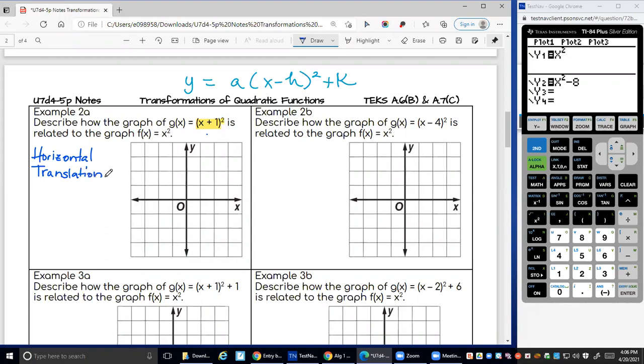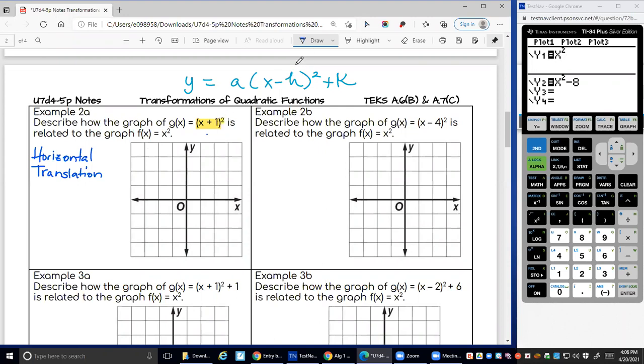But I want to know in which direction and by how many units. So let's make a prediction. Thank you, Michaela, for your feedback. Oh, that's interesting. Oh, okay, you changed your mind. Okay. So a lot of you said to the right by 1, right?